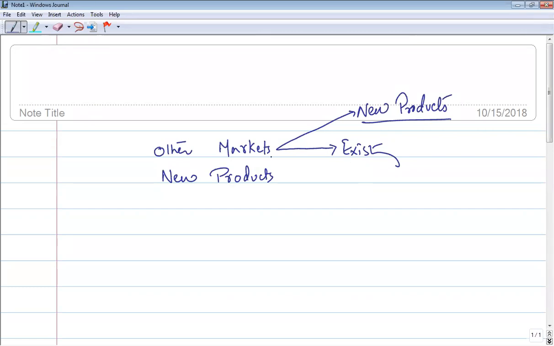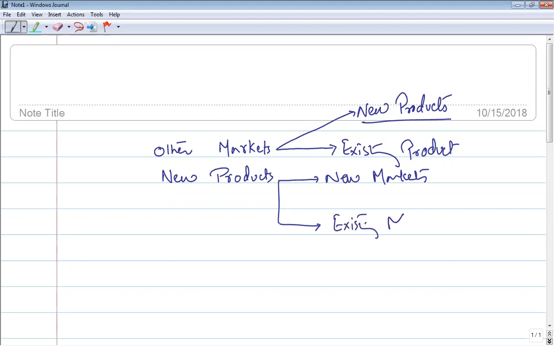Or we may enter new markets with existing products. Similarly, we can offer new products in new markets, and we can offer new products in our existing markets.